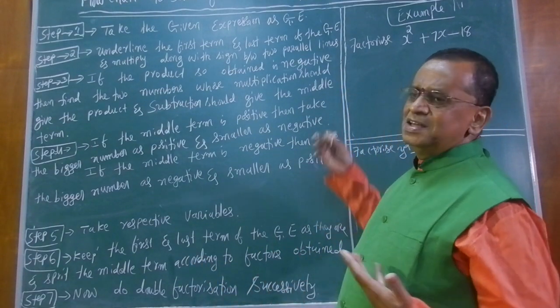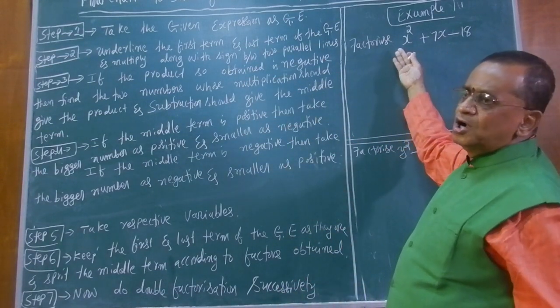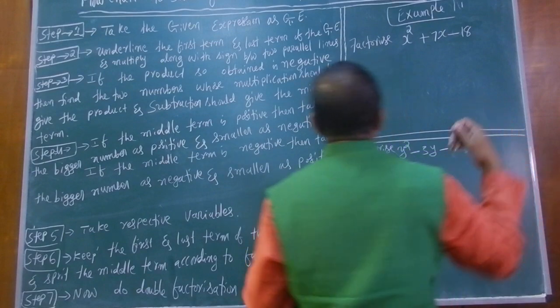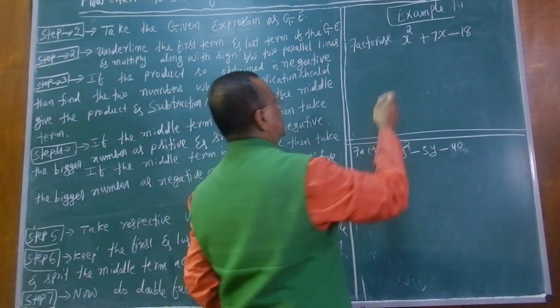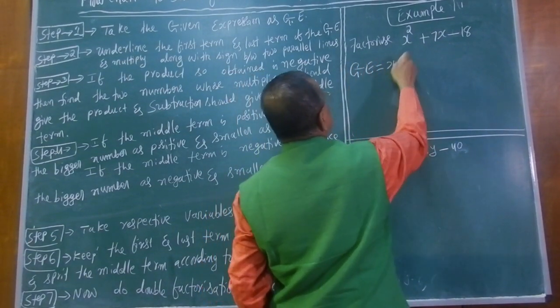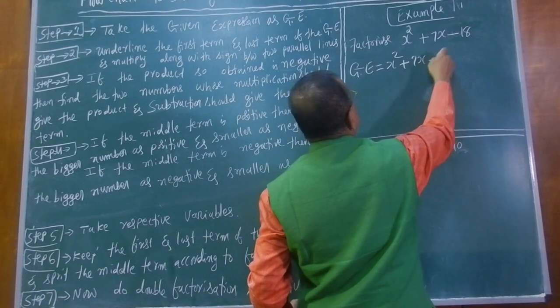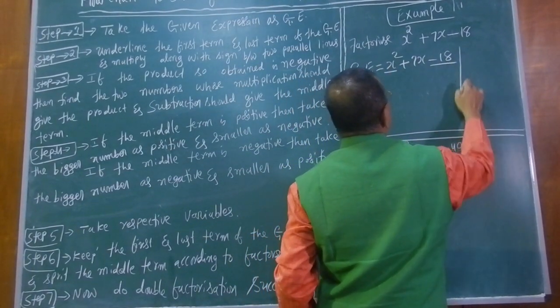Let us see how this theory applies to our problem. Let us take up these two problems. So take the given expression, x square plus 7x minus 18. Underline the first term and last term.